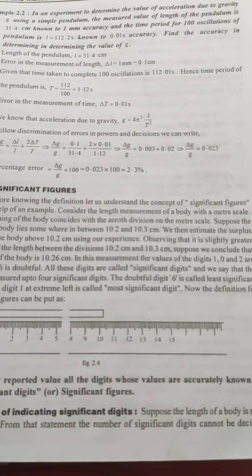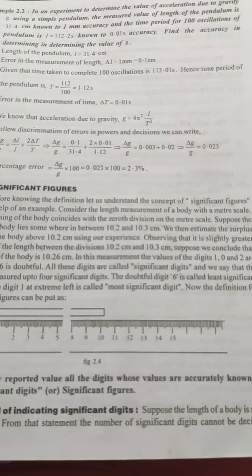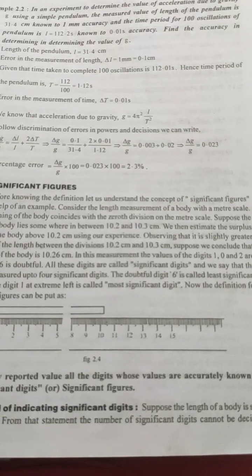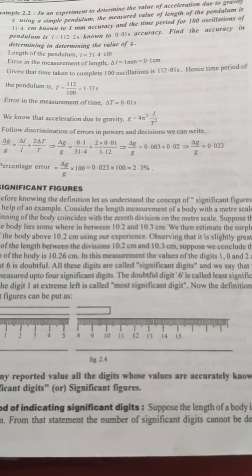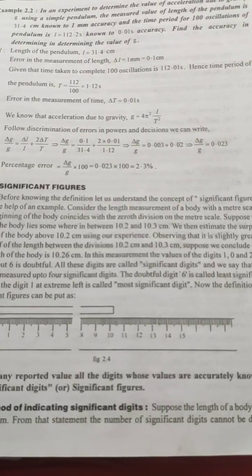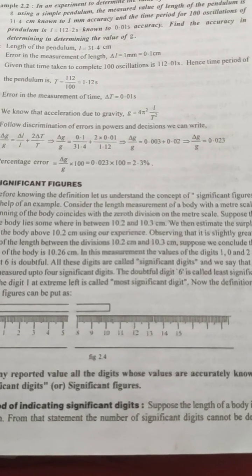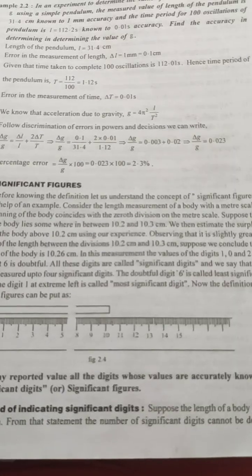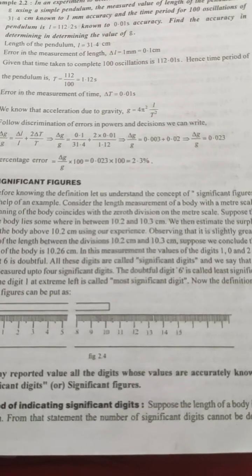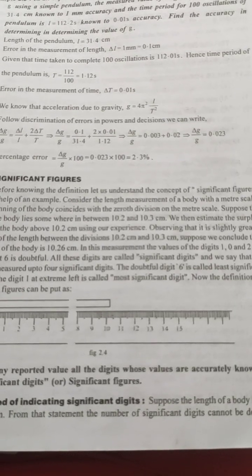Find the accuracy in determining the value of g. Here the length of the pendulum, 31.4 centimeters, should be converted into meters. The error in the measurement of length is 1 millimeter.